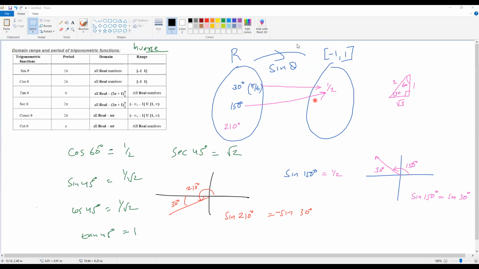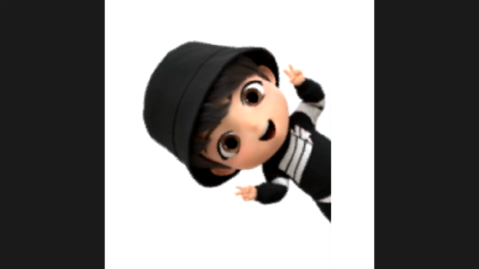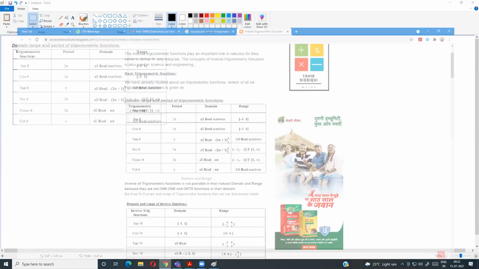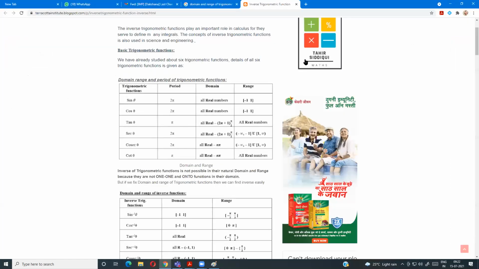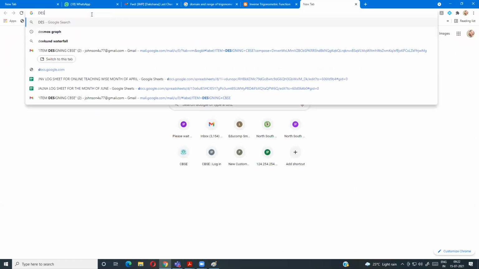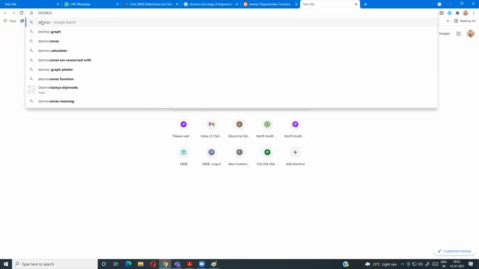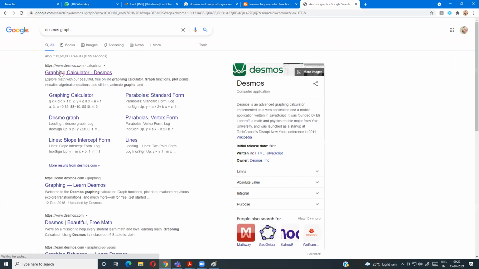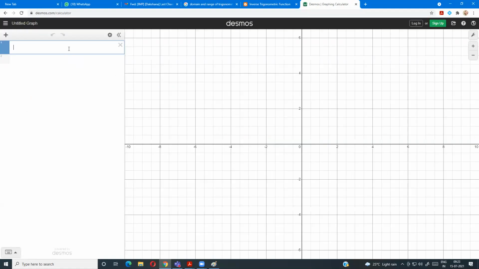I will show you the graph. I'm just sharing my screen. I told you if you want to see some online graphs, you can use the Desmos graphing calculator. From it you can easily check the graph of any trigonometry function.